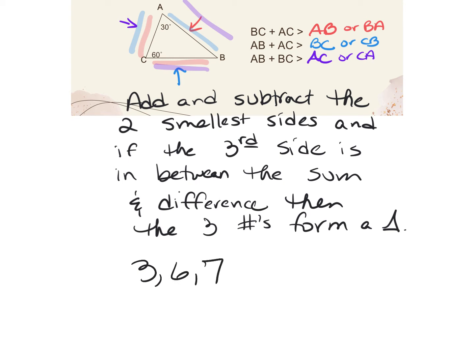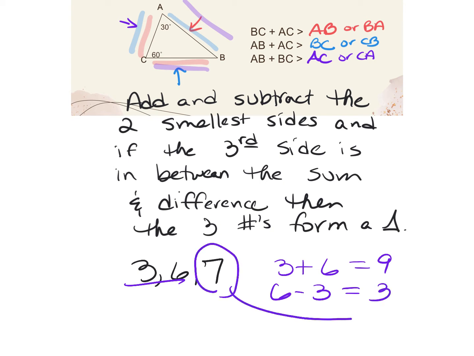And I want to see if these three numbers will form a triangle. So I'm going to add 3 plus 6, the two smaller ones, and subtract. And if that third side, the 7, is in between 3 and 9, then I know that these three numbers will form a triangle. So it has to be greater than the difference, but less than the sum.